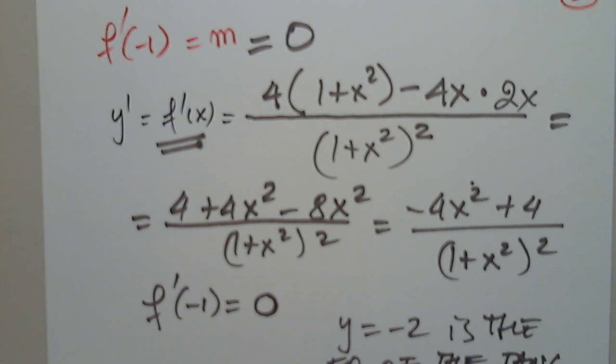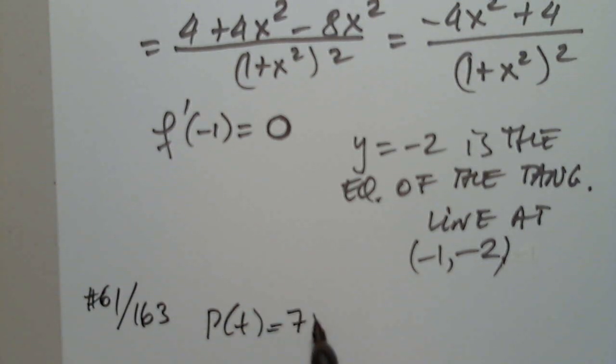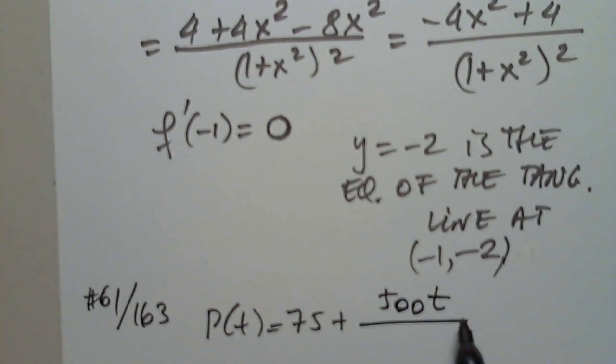Let's look at a word problem now. Here it is. Population growth, because that's what we are doing, to apply it in real life situations. The population P in thousands of the town of Coyote Wells is given by, so this is 61, and again this is page 163, P of t equals 500t over 2t squared plus 9.